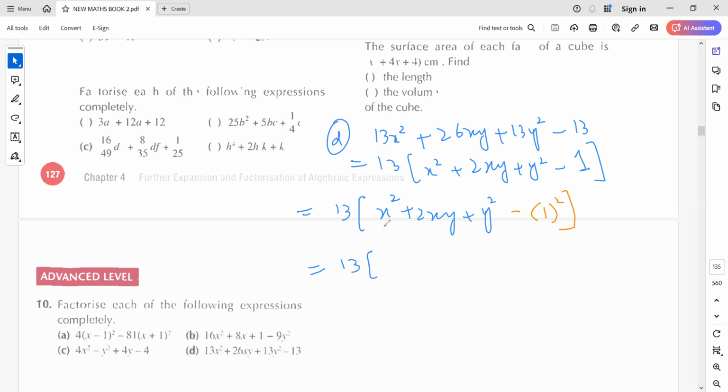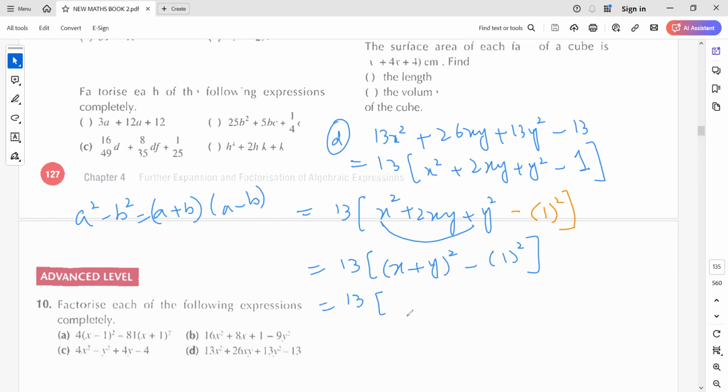13 times, this is the complete identity, x plus y whole squared, and this 1 is already in squared form, so that is an indication that we can apply a squared minus b squared, which is a plus b times a minus b. So let's take that 13 common, and let me write x plus y plus 1, and then x plus y minus 1.